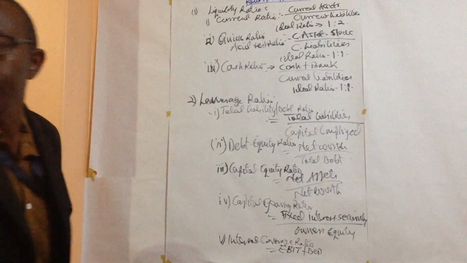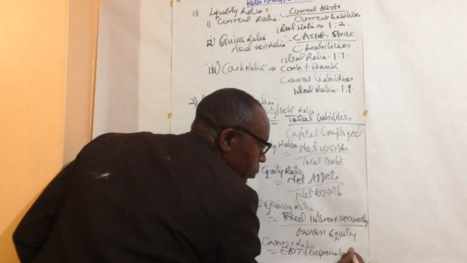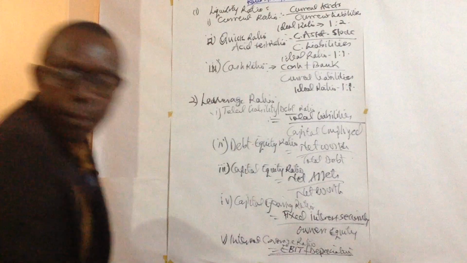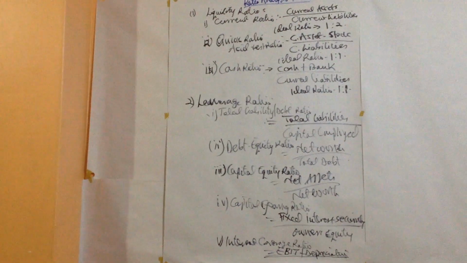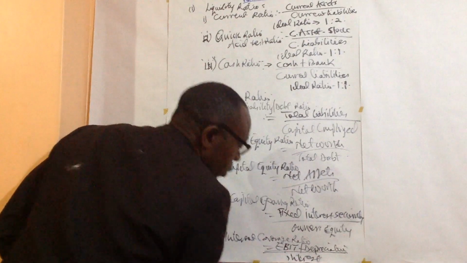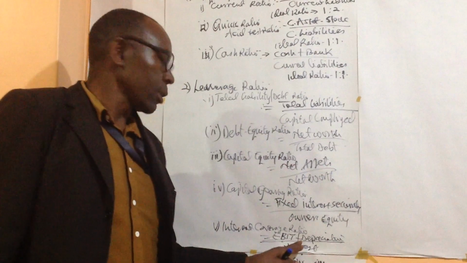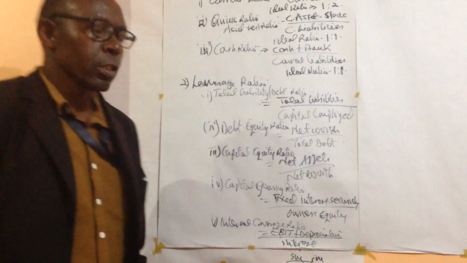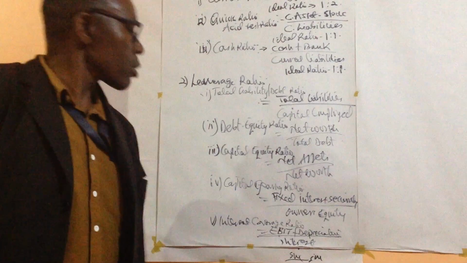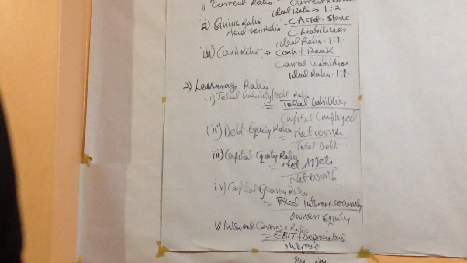That is the interest coverage ratio. Meaning we compare the profit we are generating with the interest paid out to the persons who've given fixed interest loans, and the relation between the two.